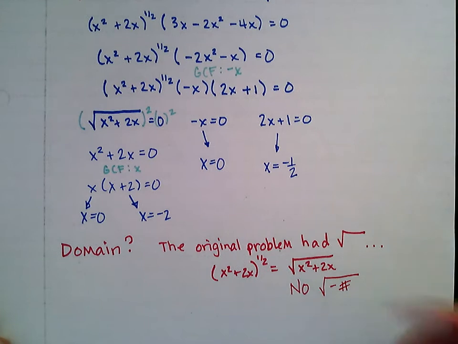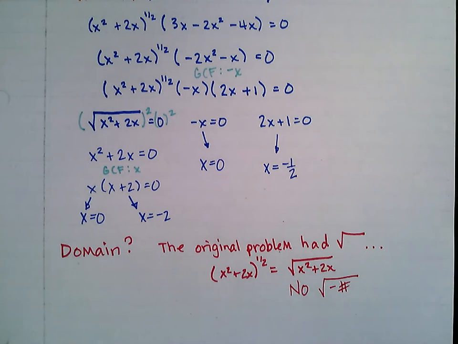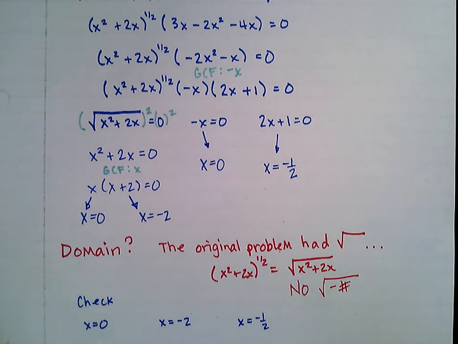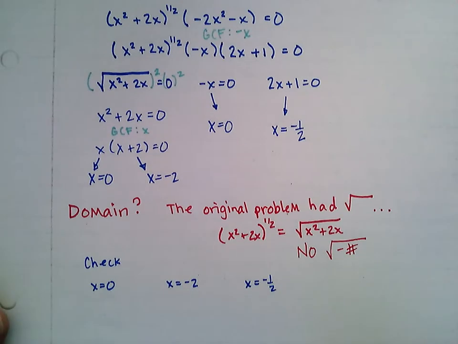We're not really ready to directly solve this domain, but what we can do is check our solutions. So if we check x equals 0, x equals negative 2, x equals negative 1/2, we know that we can't have a negative number underneath there.